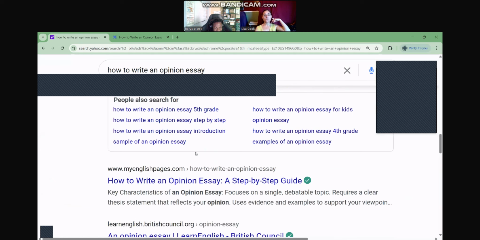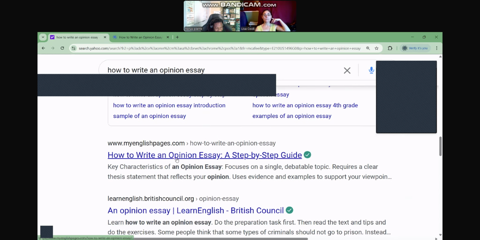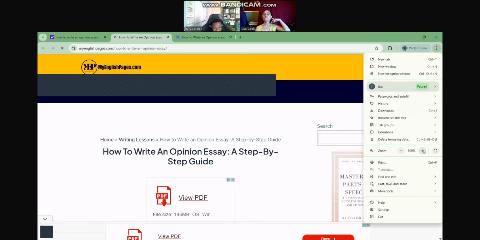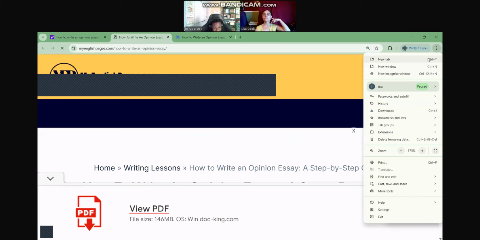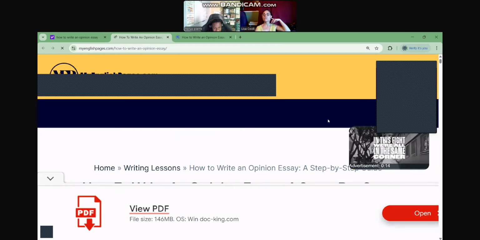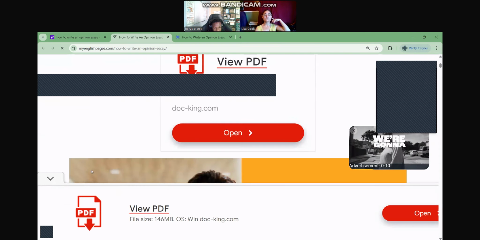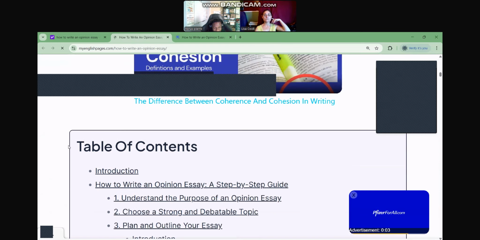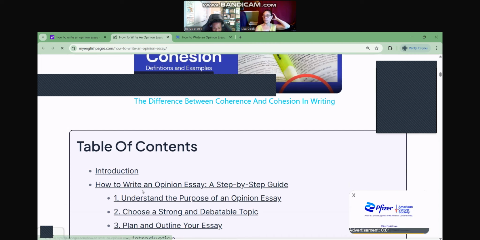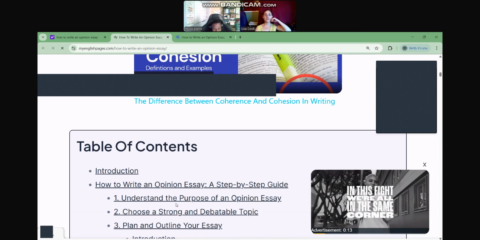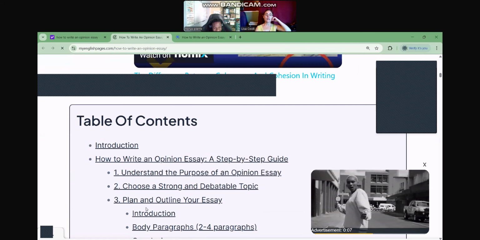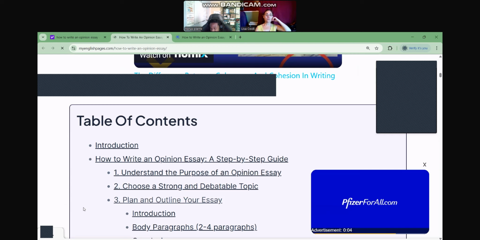Let's go to how to write an opinion essay: understanding the purpose, choosing a subject, choosing a strong and debatable topic, plan and outline your essay, your pre-write.